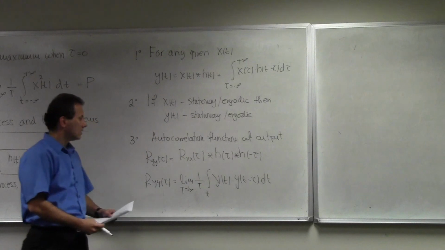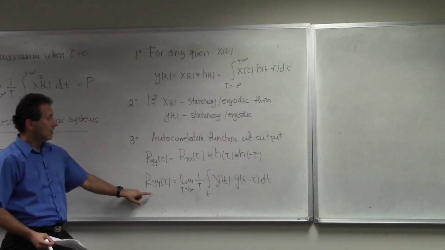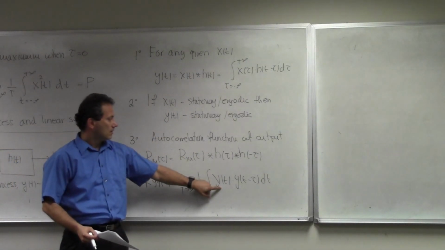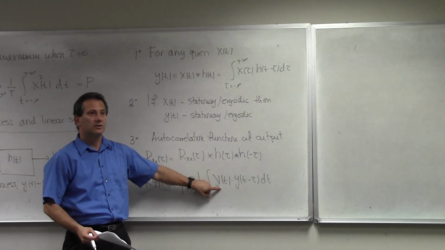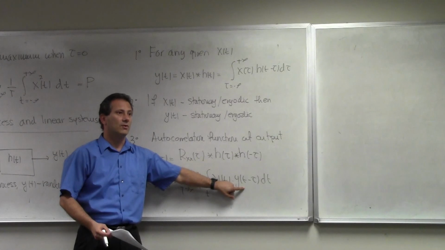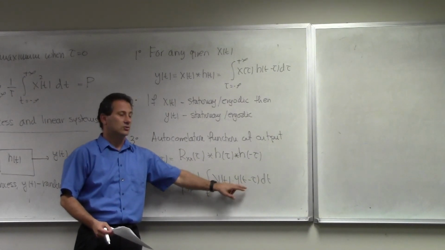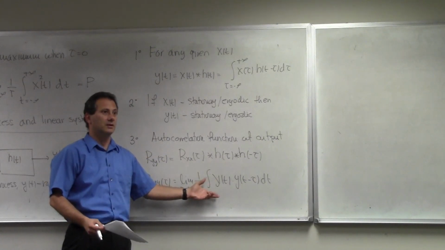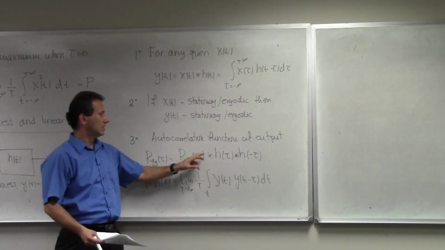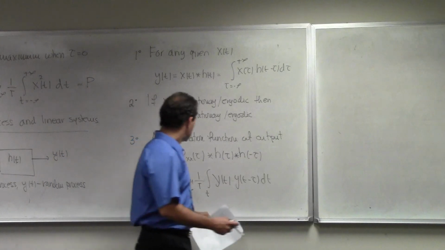Then you would replace y as x of t convolved with h of t, and y of t minus tau as x convolved with h of t minus tau. So you're going to have a triple integral here, and then you change the order of integration and get this. Let me take one more step.